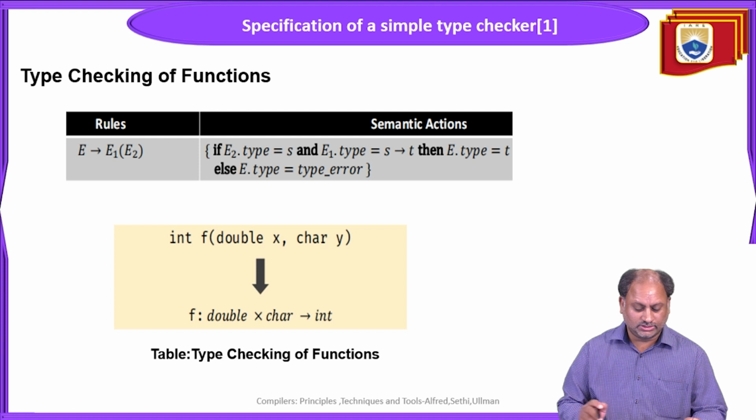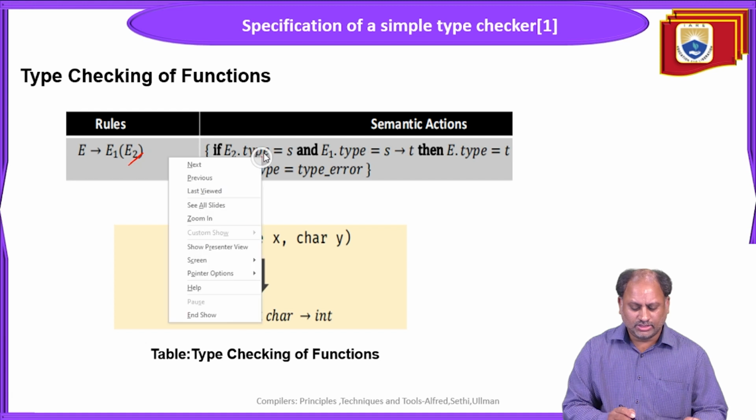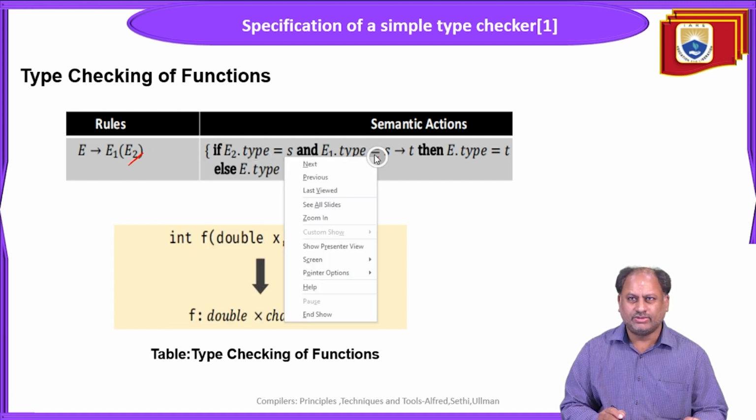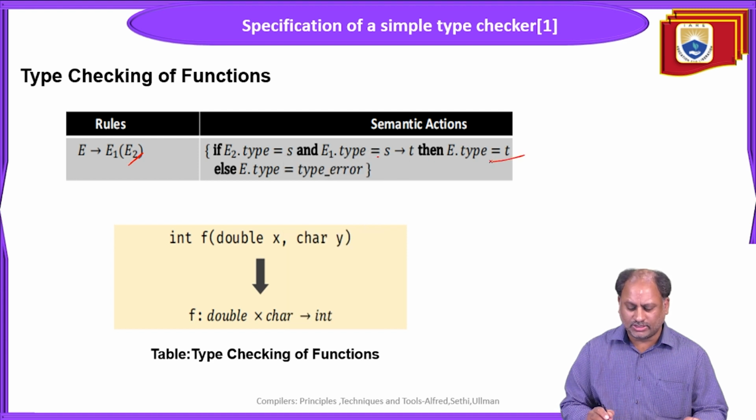What is the function here, E1 of E2? What is the type of E2 and the type of E1? Both can be verified with the corresponding type, else error. Suppose for example a function is defined as double, with the argument of type character.